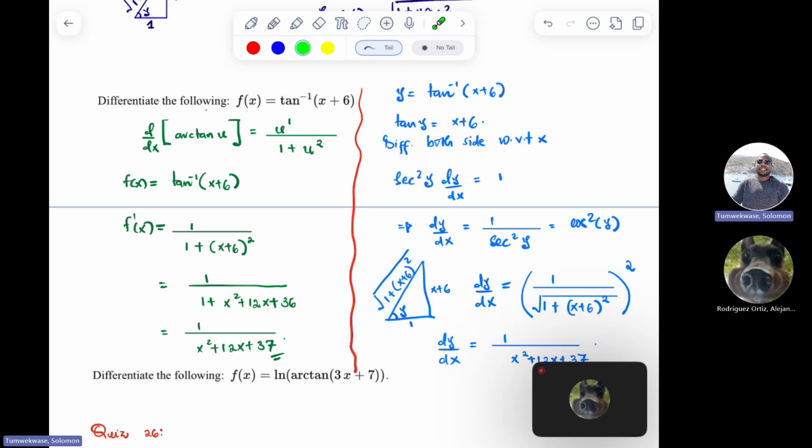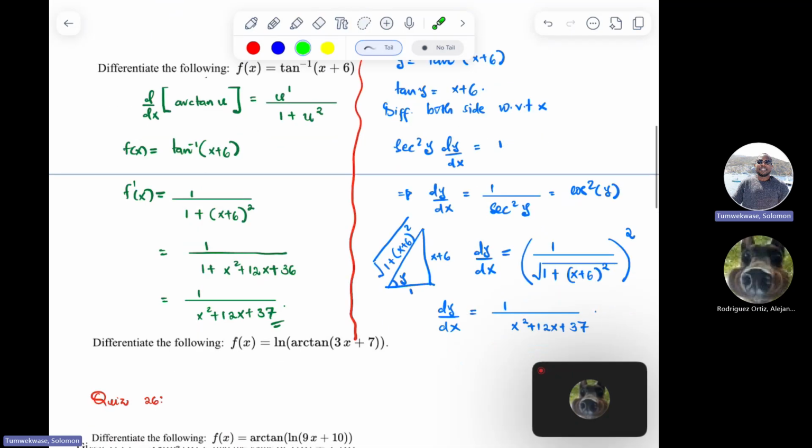The order is simple. Just take an inverse both sides, so you have the real trigonometric function, differentiate both sides. Most of the times you're going to know how to differentiate whatever. It can be cosine, it can be sine.